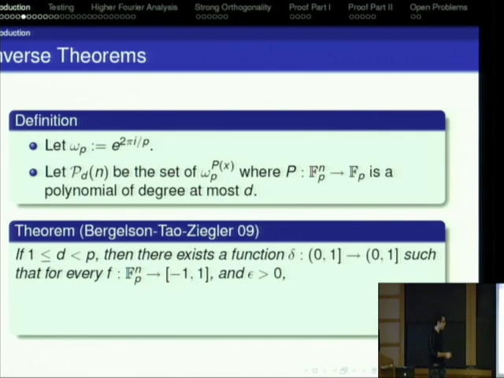So the theorem says that if d is some number which is less than p, so p must be larger than d, then there is some function delta such that for every bounded function f from F_p^n to the interval [-1, 1], and every epsilon at least 0, if your function is non-uniform with respect to these polynomials, so if it has some correlation with one of these omega p to the power of a polynomial, then the (d+1)th uniformity norm of f is large. So this is the easy direction.